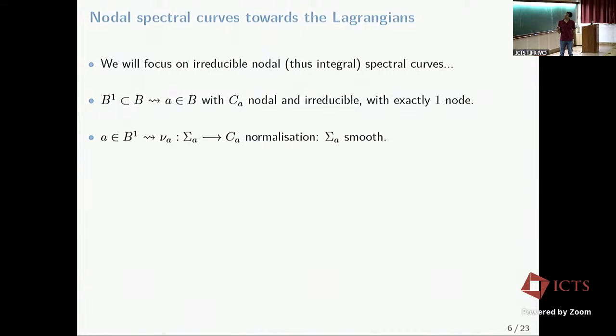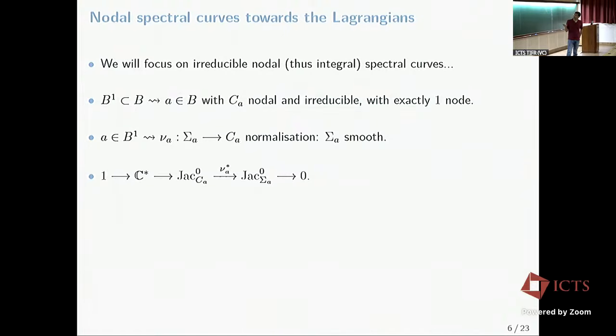So take one such A there. So our curve C_A, our spectral curve, is now nodal. And so I can desingularize it, take the normalization. And so I will always denote by Sigma_A the normalization of the nodal curve. So Sigma_A is now a smooth projective curve. Okay? And this nu_A is the normalization map.